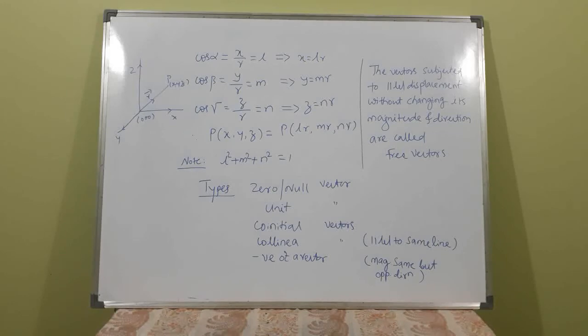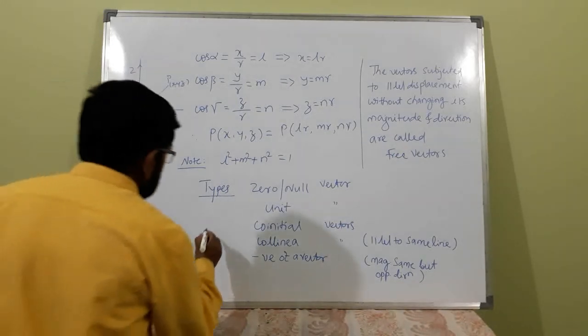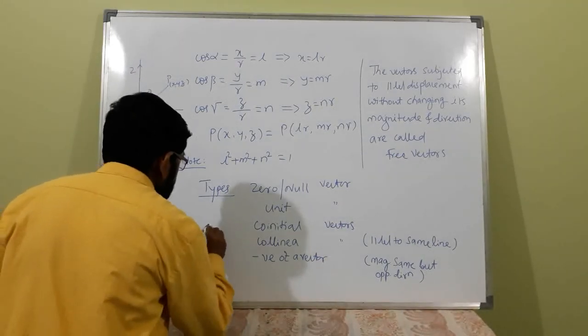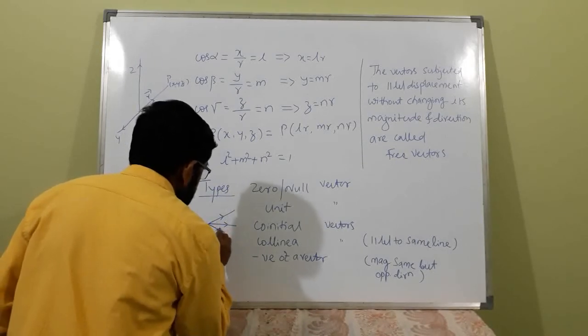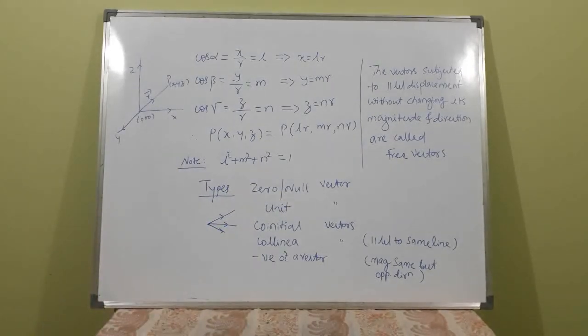Unit vector. A unit vector is one whose magnitude is unity. Coinitial vectors are vectors having the same initial point. The initial point is the same, but the terminal points may be different.